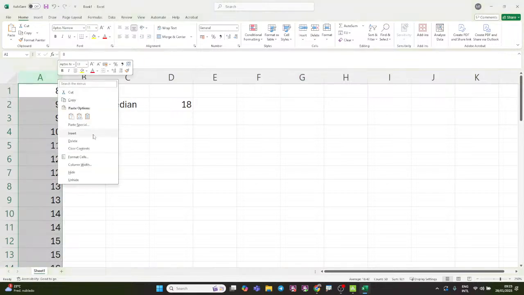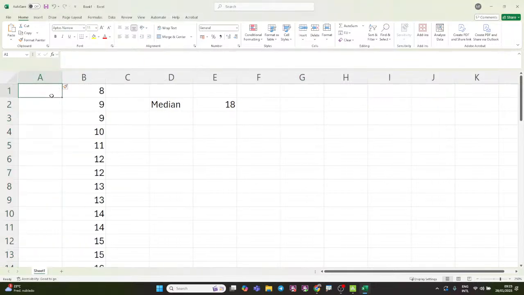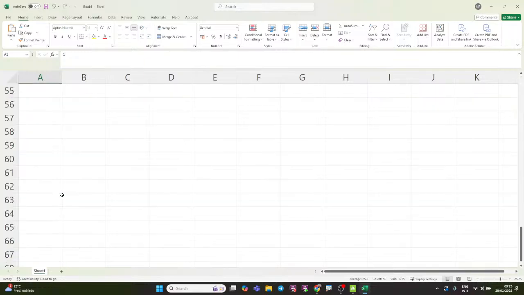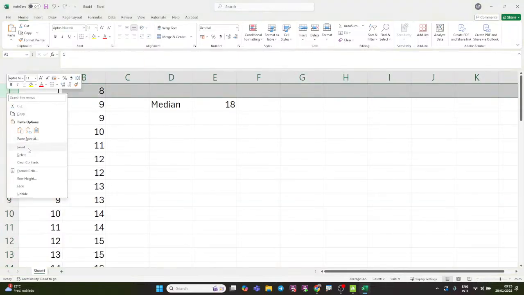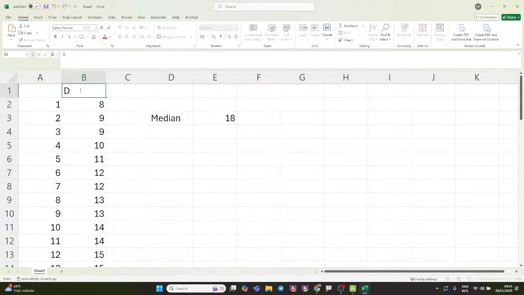And then we can argue that we have how many data points? We have 50 data points. Here we have the data, and here we have the position.